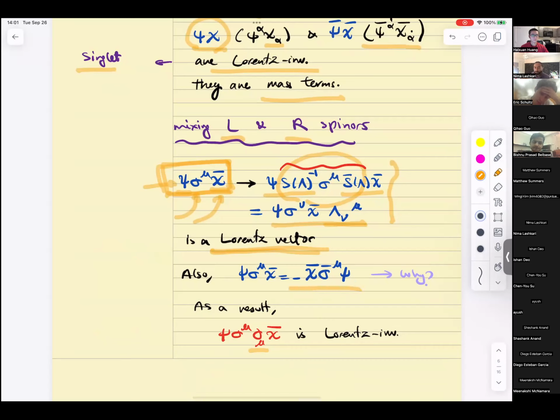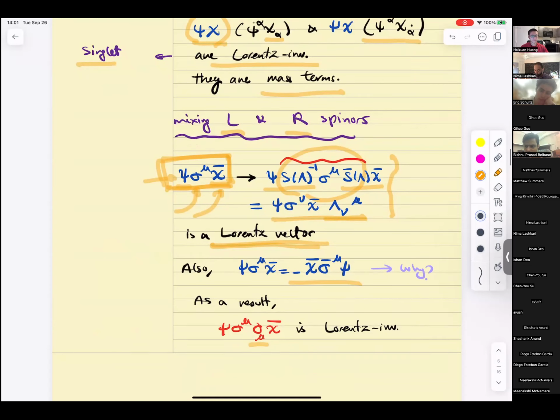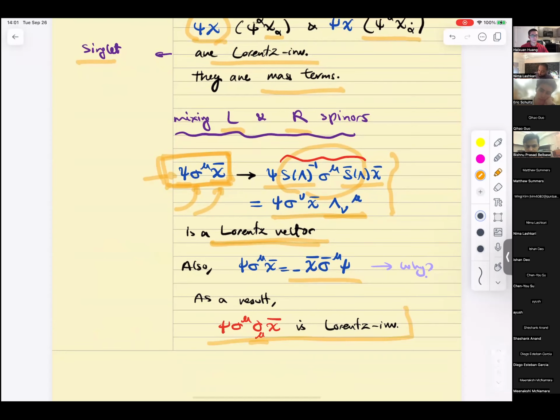But it's easy to convince yourself using the algebraic relations of the representation we've gone over that it will not be a new term. That will be just a minus. It's the same thing with a minus sign. We're going to use that in simplifying our expression for the action. This is the Lorentz invariant that we could write down that couples the left Weyl mode and the right Weyl mode.